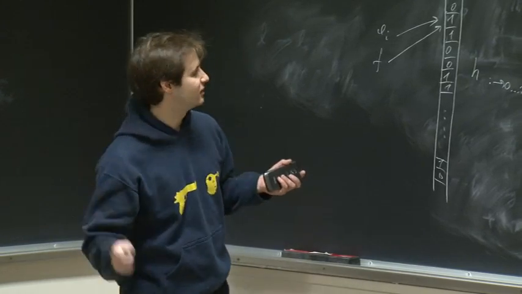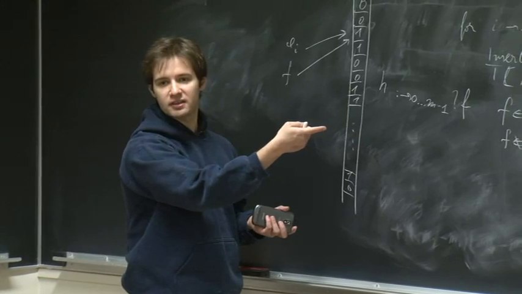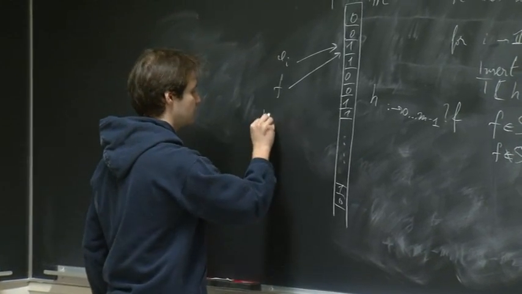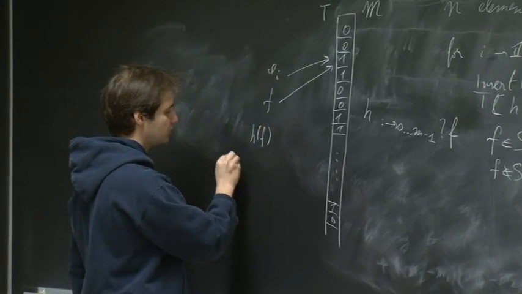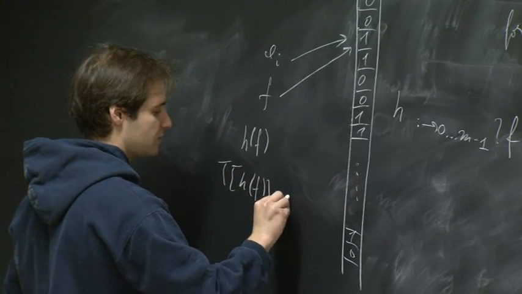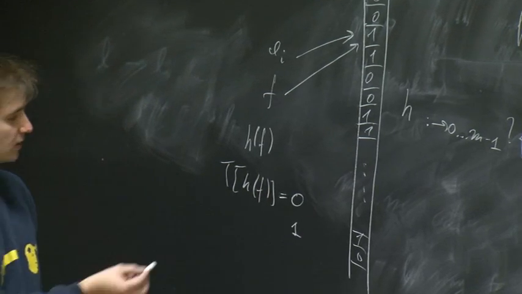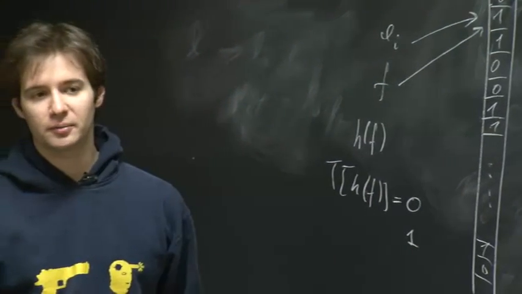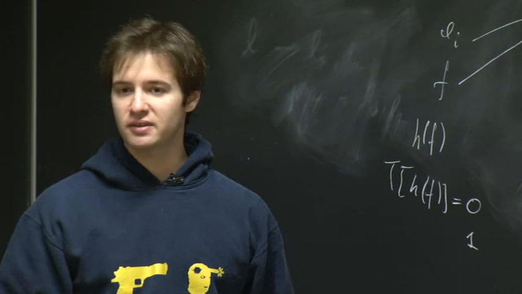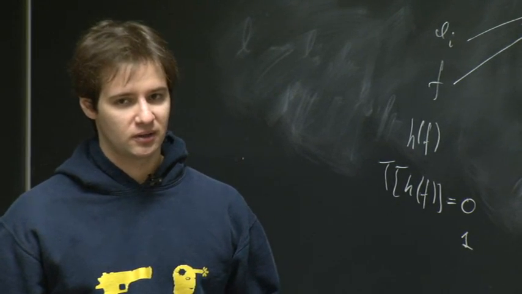So we have this new number f. How are we going to check if it's in the set or not? We're going to compute h of f, and we're going to check if t of h of f is 0 or 1. F is different from all the other elements, so its hash value is independent from all the other hash values we had before.